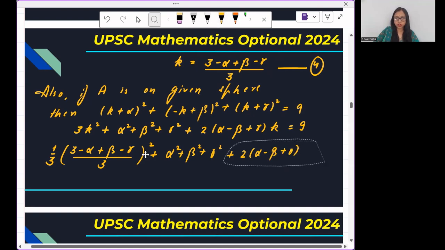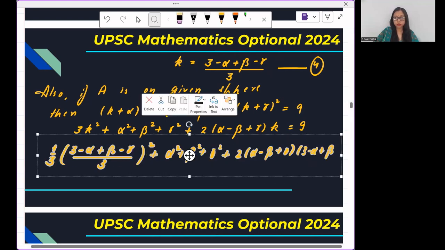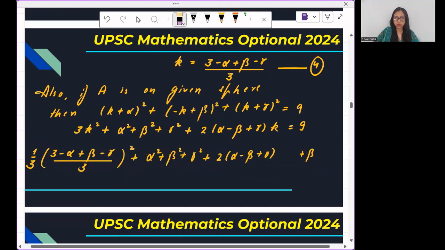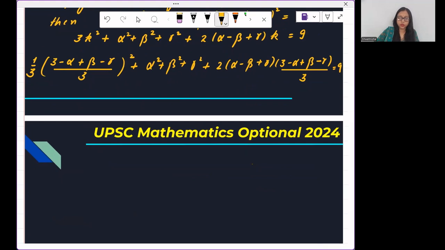And again, the value of k will be substituted here, this 3 minus alpha plus beta minus gamma divided by 3, is equals to 9. Let's open this. It is going to be 9.